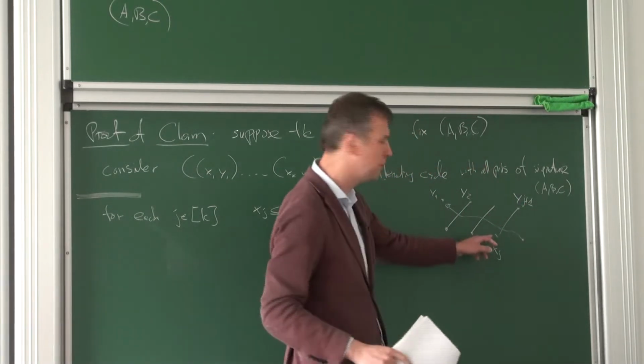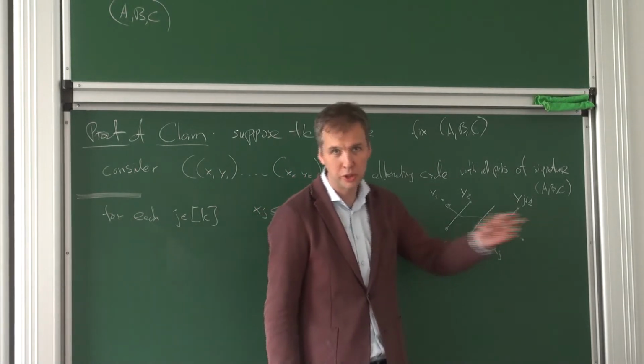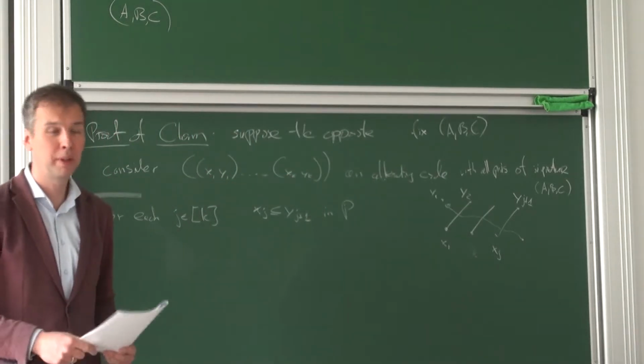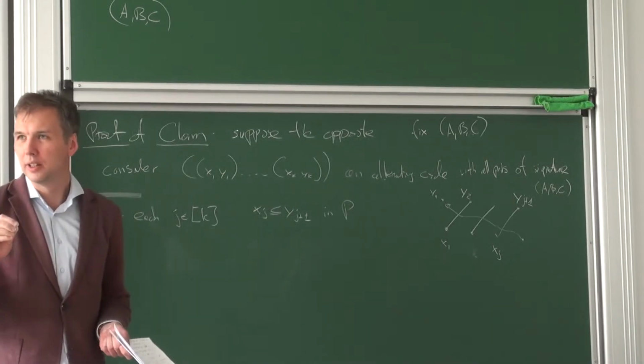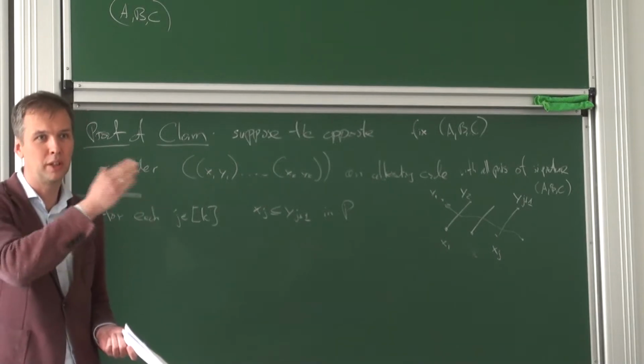I have some covering chains, at least one, starting from xj and going to yj plus 1. Among all such covering chains, I pick one such that it reaches leftmost in pi.